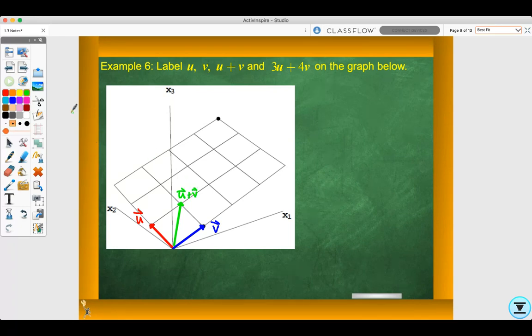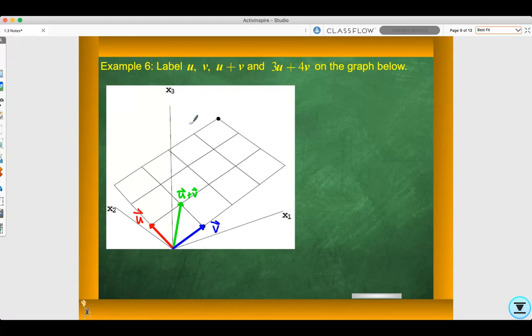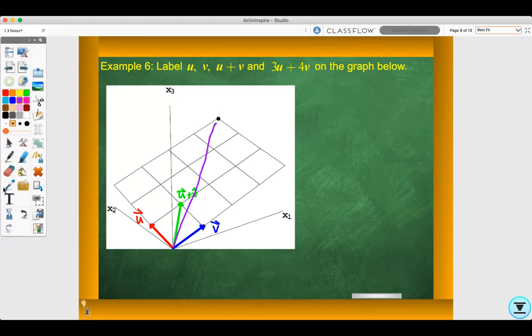And 3u plus 4v, so 3u would be here, plus 4v would be here, so it would go all the way up here.